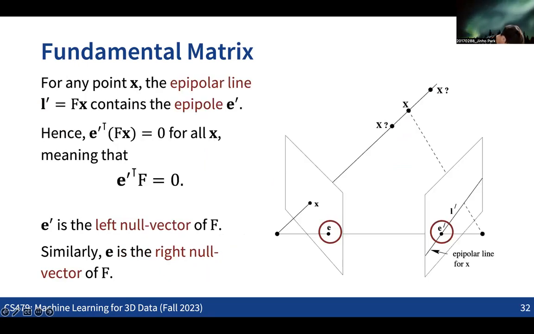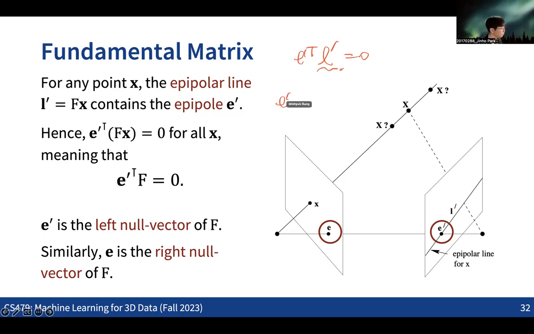Yeah, so then also, for any point x, F times x becomes the epipolar line, right? And we also know that any arbitrary epipolar line should contain the epipole E prime here, right? So for any epipolar line L prime, E prime transpose times L prime should be 0, right?